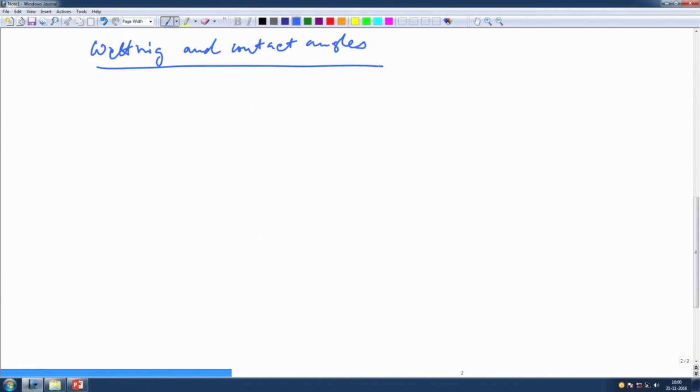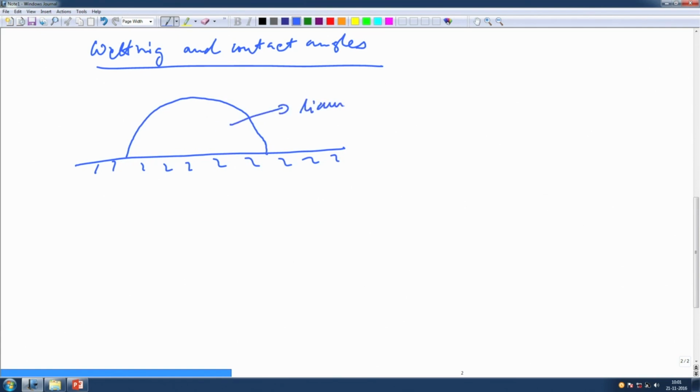Now, wetting and contact angle. Let us assume that there is a surface, whatever that surface may be, and there is a droplet which is basically sitting on that substrate. This is a liquid medium, this is the gas, this is the solid. So the droplet actually sits on this particular substrate.